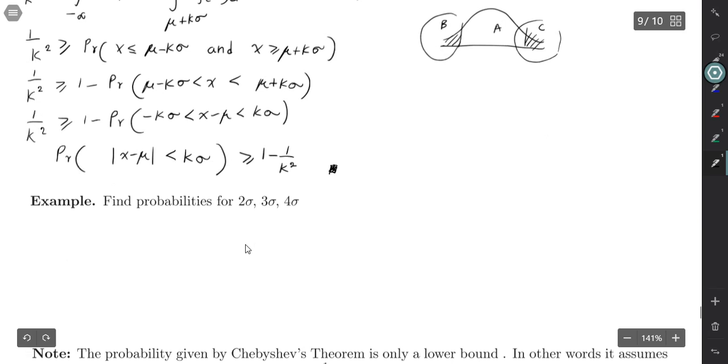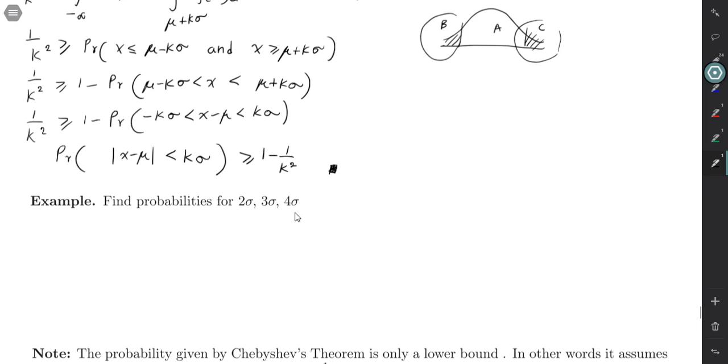Take your time leisurely and study these steps one by one. Study this proof again and again and try to understand how we did the proof. Although the proof is long, using the Chebyshev's inequality is very simple. So if you want to find the probabilities for 2 sigma, 3 sigma and 4 sigma, remember these are inequalities.